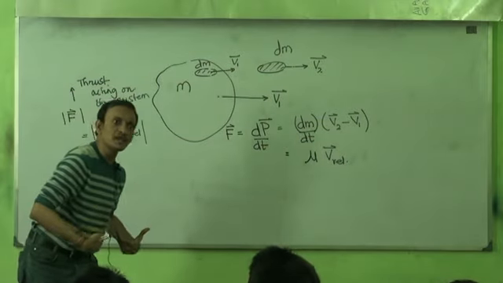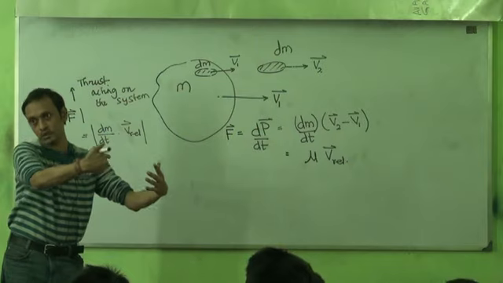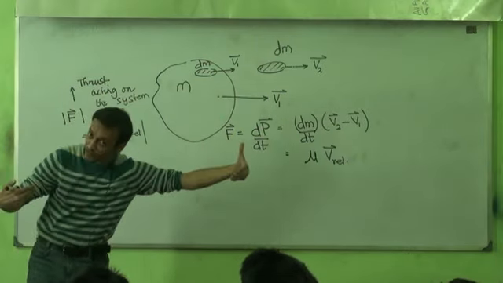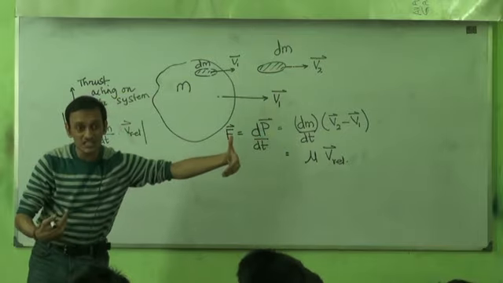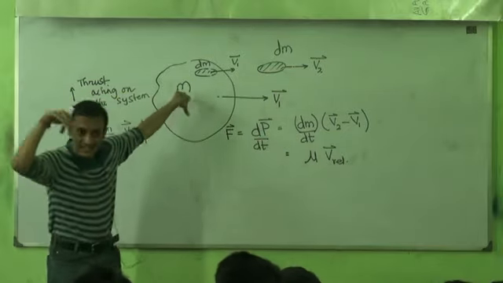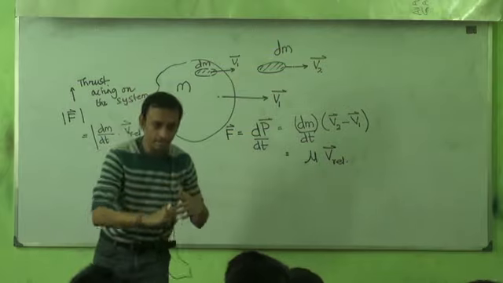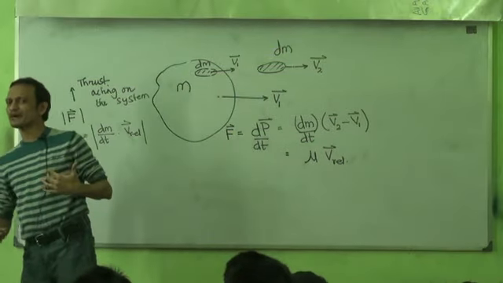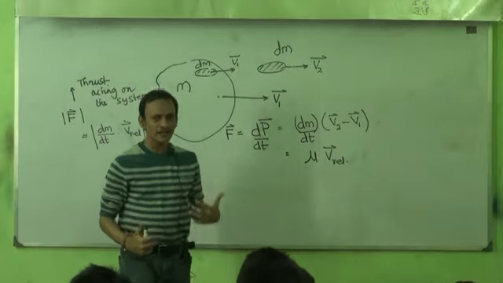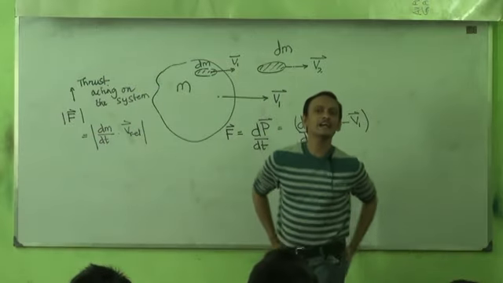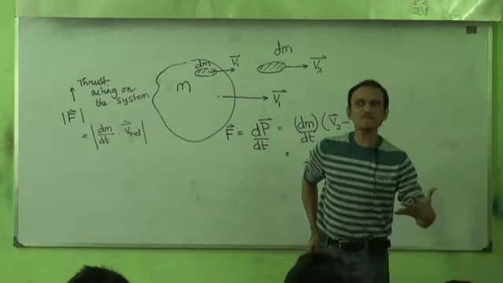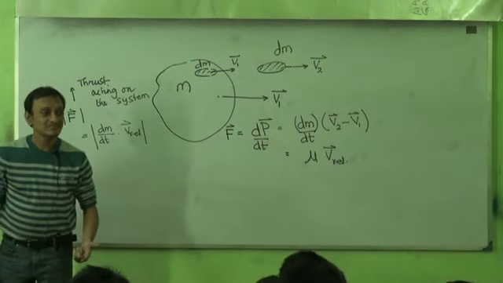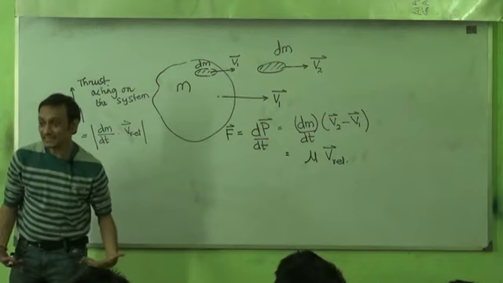If mass is being expelled from a system, then mass is decreasing with time, right? If mass is decreasing with time, then go back to my last class on Saturday. If m is a decreasing function of time, dm/dt should be negative, isn't it?